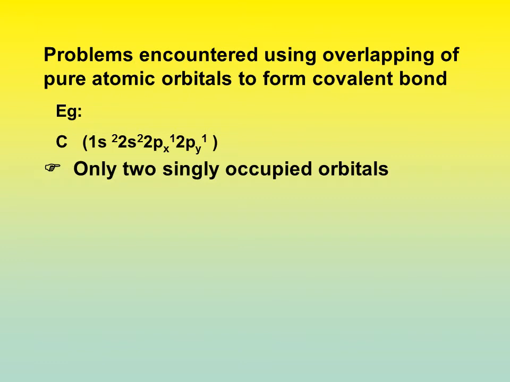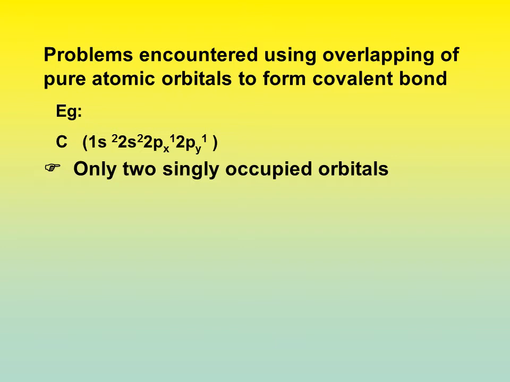Let us look at the problems encountered when using the overlapping of pure atomic orbitals to form covalent bonds. In the first case, let us consider carbon. Carbon has an electronic configuration of 1s2, 2s2, 2p2.